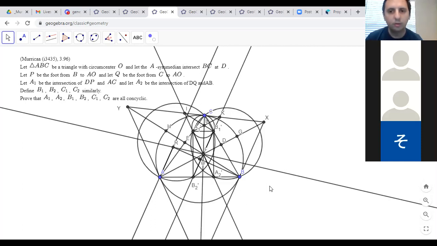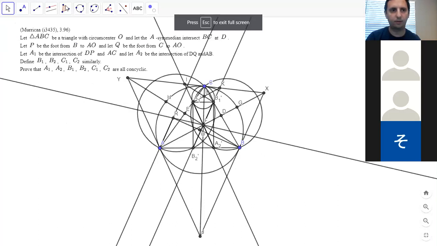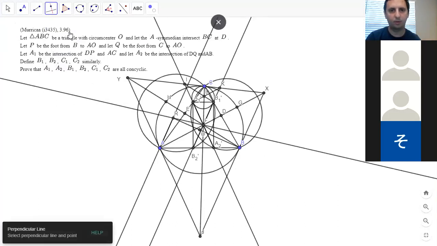And running the altitude from D to EF might help. D to EF in this diagram? No, the other one.